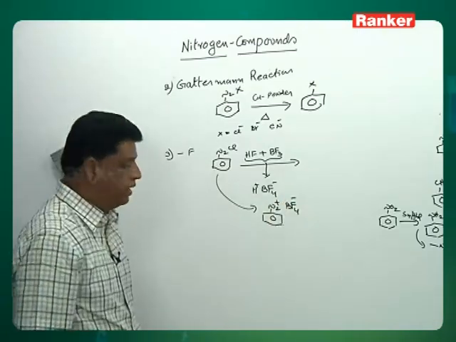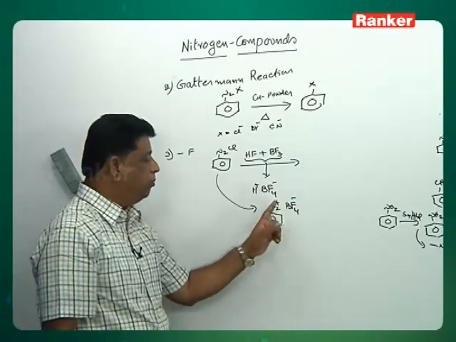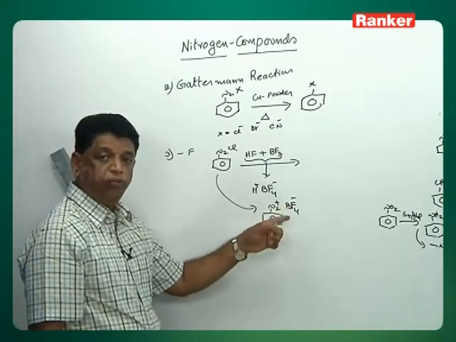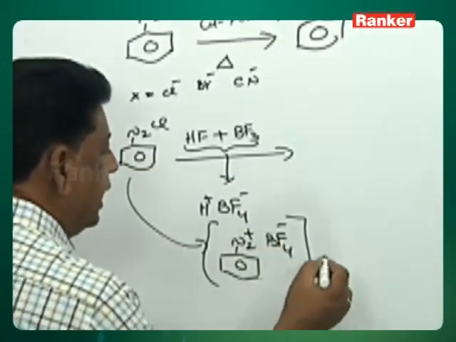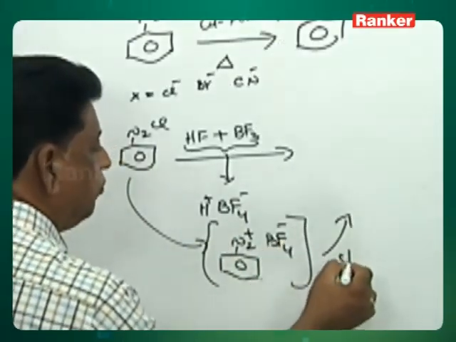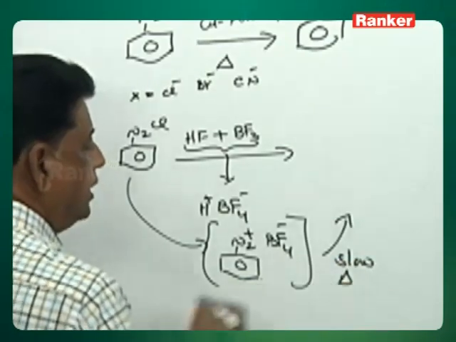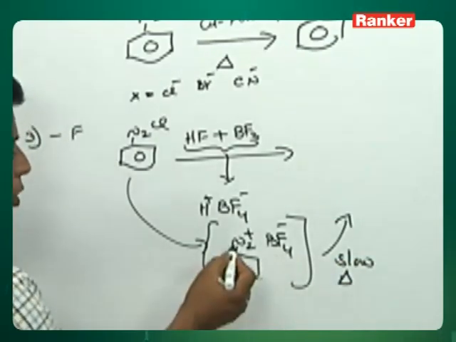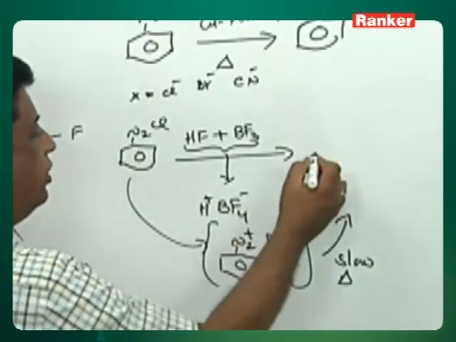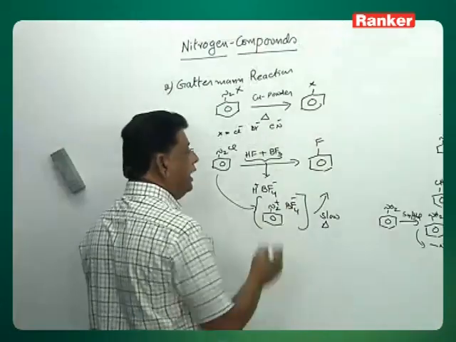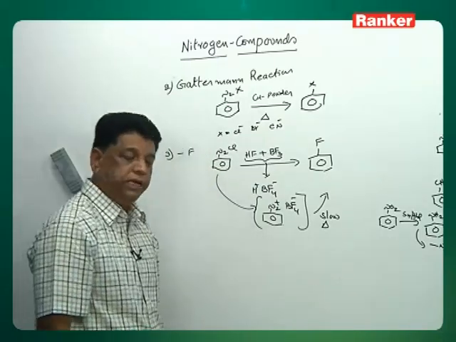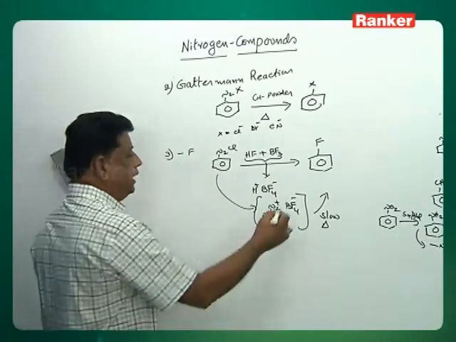This is called benzene diazonium fluoroborate. This salt on slow heating, the BF3 will go, N2 will go, F will come into the compound. So finally what you will get is fluorobenzene.